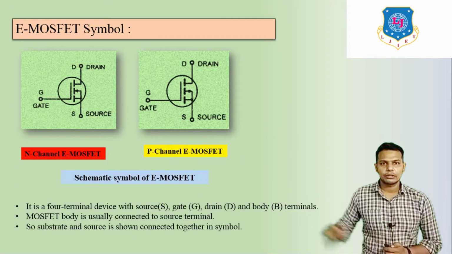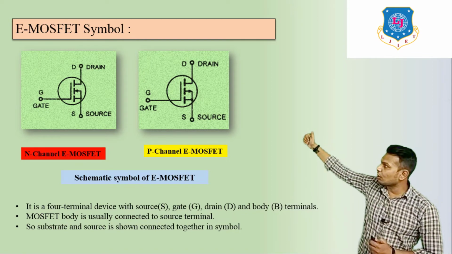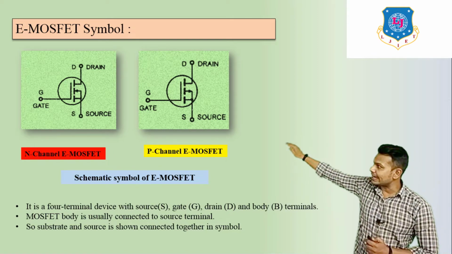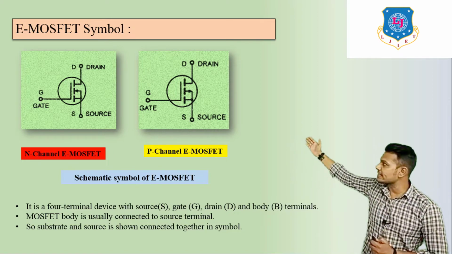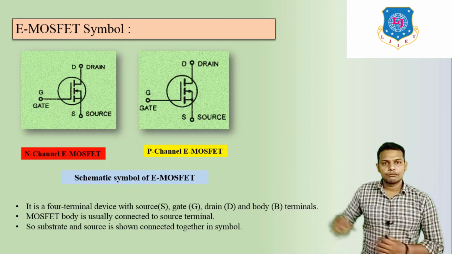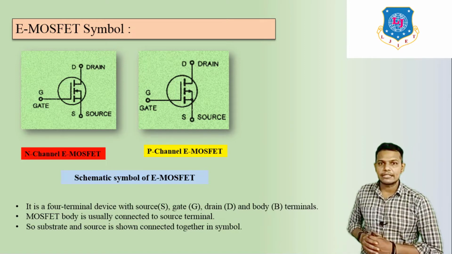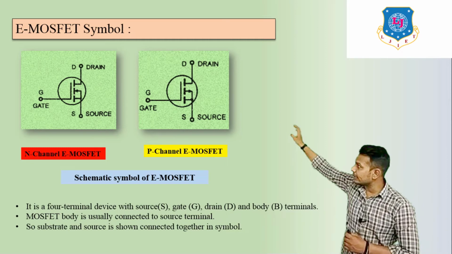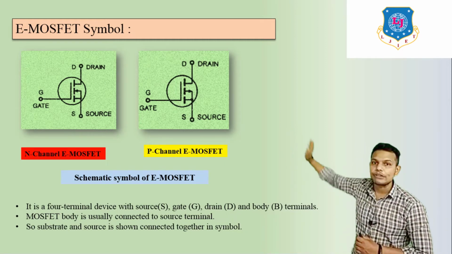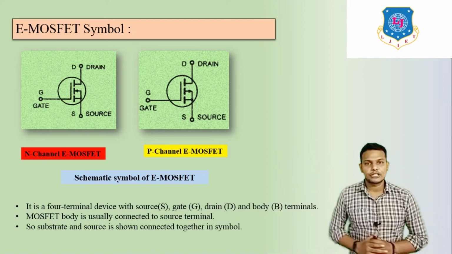So let us discuss the symbol. Here we can see the symbols of E-MOSFET. First is the N channel E-MOSFET, and here we can see the P channel E-MOSFET. Now compare with the D-MOSFET. In D-MOSFET, we have seen that the line in the symbol, in the circle, is straight, whereas here in E-MOSFET it is a dashed line.